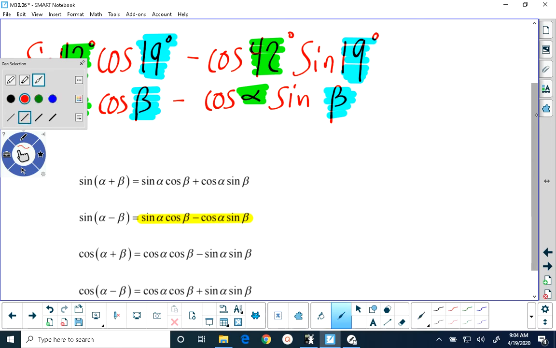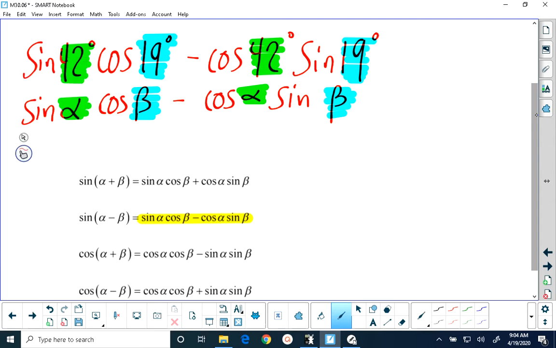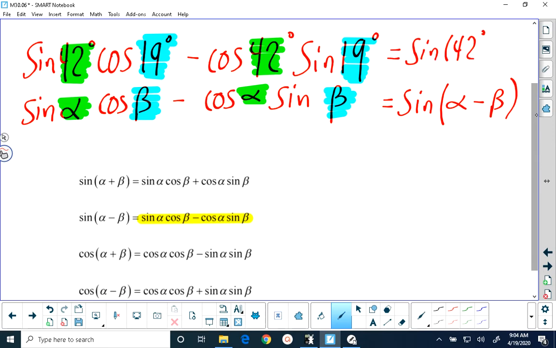And we know that sine alpha cos beta minus cos alpha sine beta is equal to sine of alpha minus beta, which means that this expression is equal to sine of 42 degrees minus 19 degrees. And we can certainly simplify that. 42 minus 19 is 23. So question 1a is equivalent to writing sine of 23 degrees.